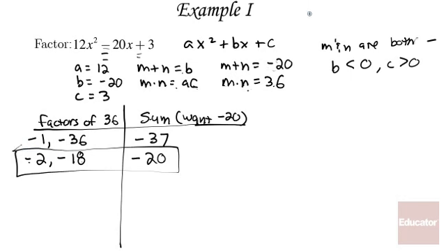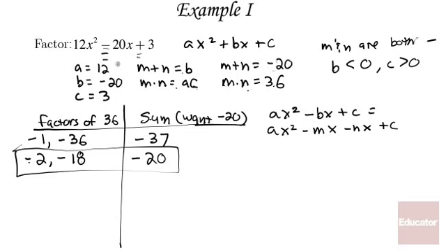Find m and n, and then rewrite this as a polynomial with 4 terms. So I started out with this. It's actually minus bx in this case, plus c. And I'm going to rewrite this as ax squared minus mx minus nx plus c.